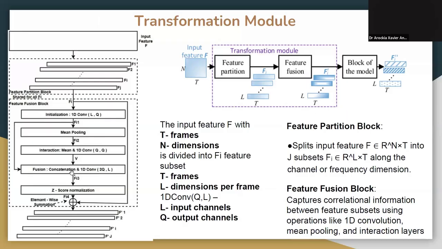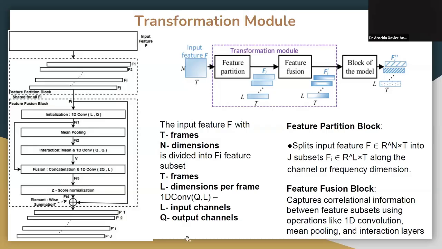So the feature partitioning block here splits the feature F, whose values are an element of R to the power n by t, dimensions by frames. So each ResNet block's J subsets are now handled with Fi, which is an element of R to the power L by T, along with the channel for frequency.